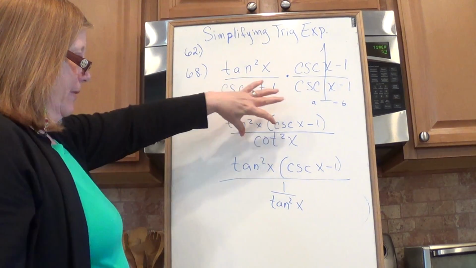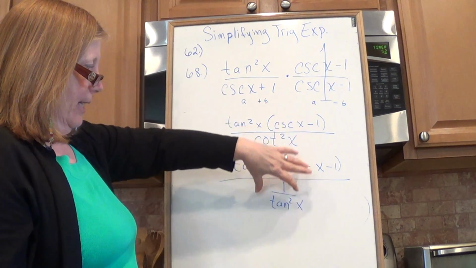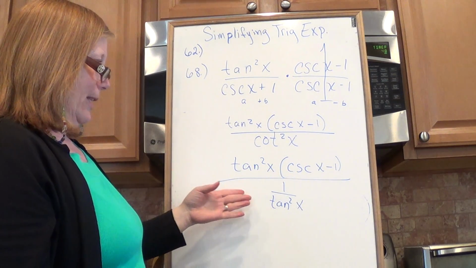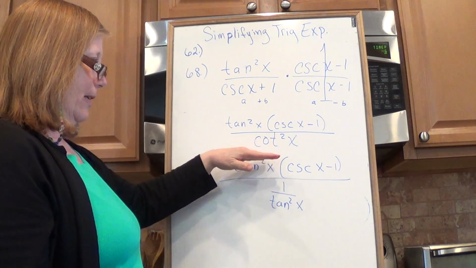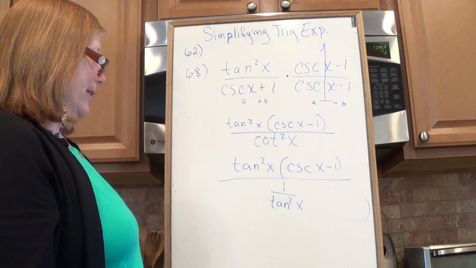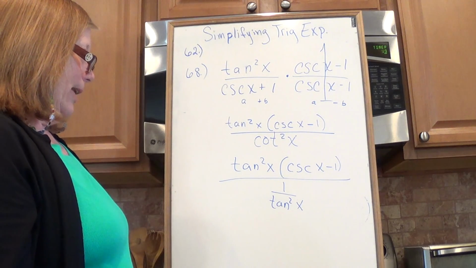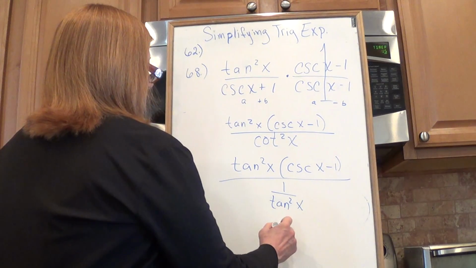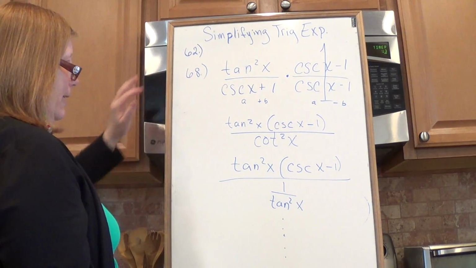So I'm just going to rewrite the cotangent squared as 1 over tangent squared. And now I'll leave you at that. When you divide something by a fraction, you can flip it and multiply by the reciprocal and see what happens there. Alright, so I'll drop you off right there from number 68.